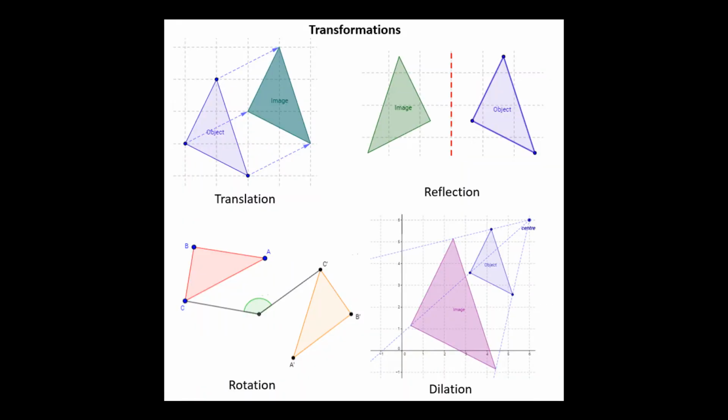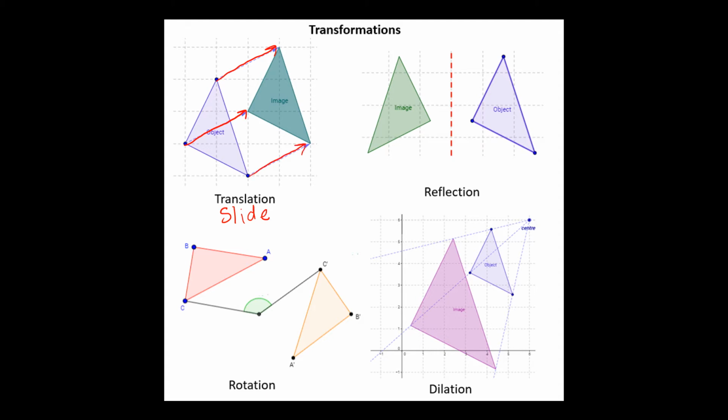All right, so back in topic 1, we talked about transformations, and as you can see, there are 4 different types of transformations. So we have a translation, and a translation we know is also a slide. It takes one object and slides it from vertex to vertex to create another figure.